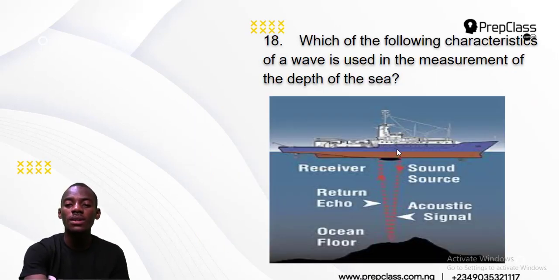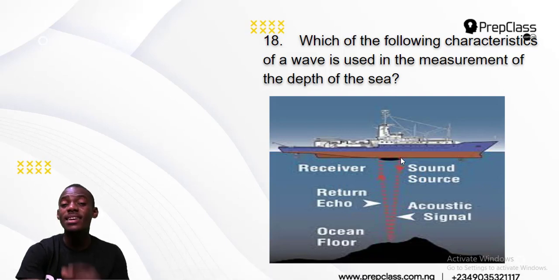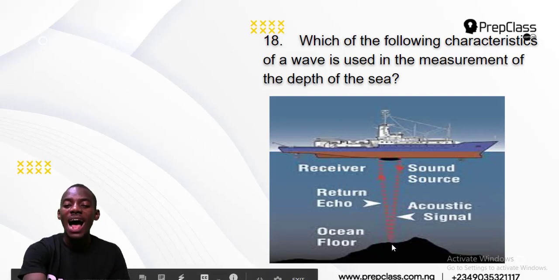This is a boat. The sailors in the boat can know how deep the ocean is by sending a wave. They will send sound into the water, and the sound will go deep down to the bottom of the sea and strike the rock. That's the ocean floor. When it strikes it, it will bounce back, and there's a machine here that will read the sound.